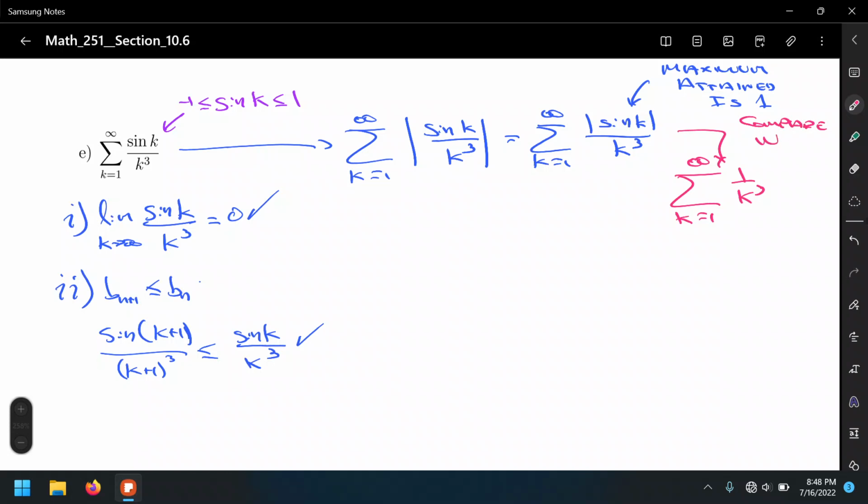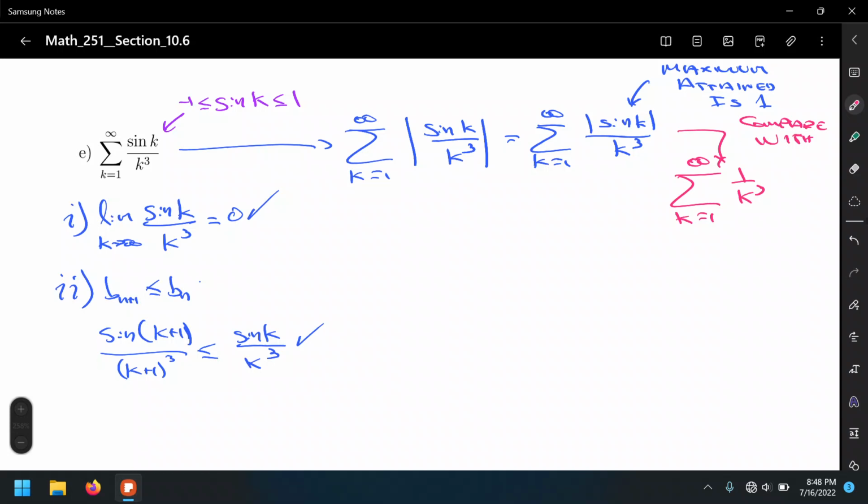And we can do the direct comparison again. No need to do the limit comparison. Actually, I don't think it's going to be a good idea to do the limit comparison. It's going to get weird, trust me. So in fact, I don't think it's going to work.